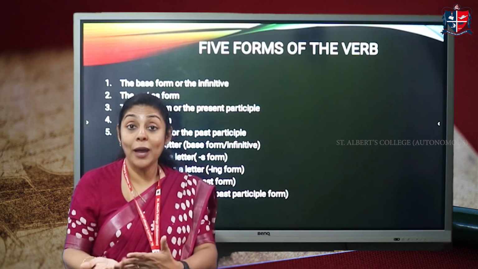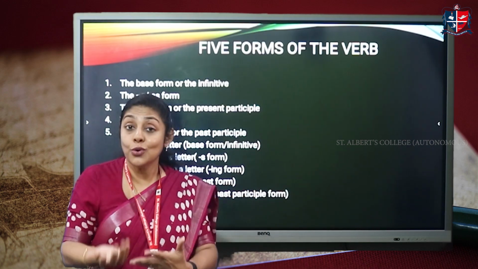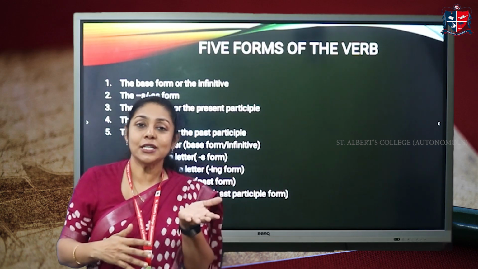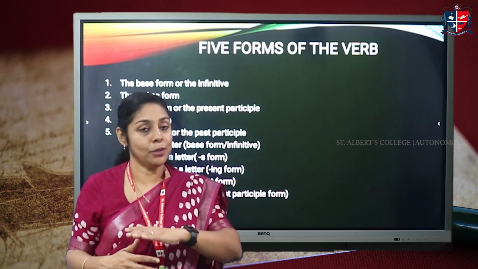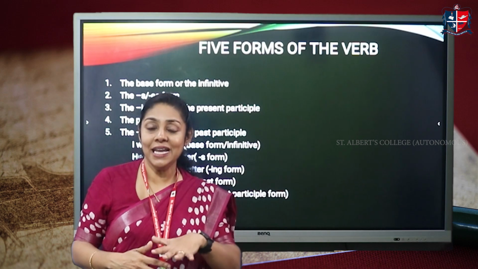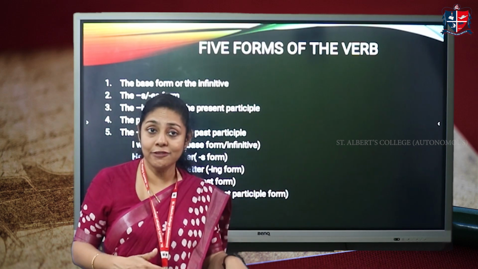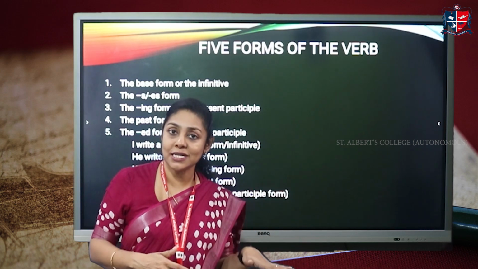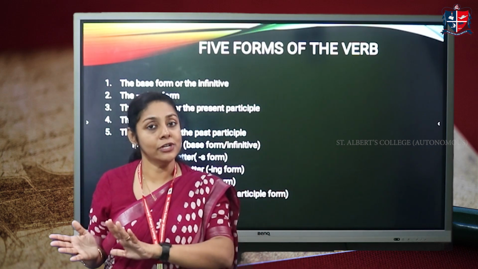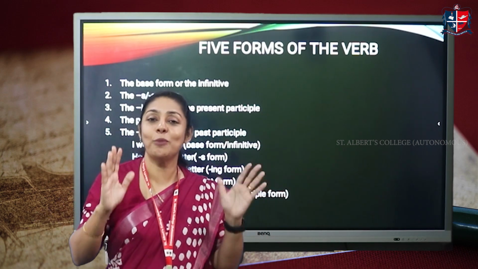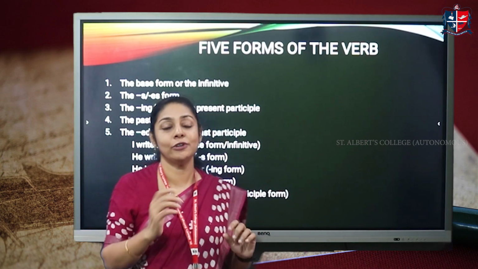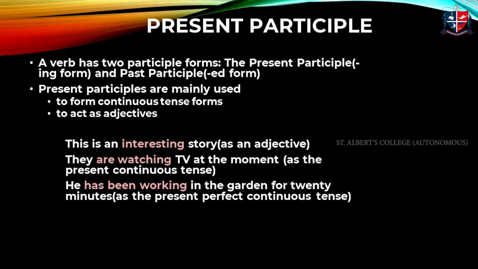Swim, swam, drive, drove, etc. Whereas for certain verbs like jump, jumped, play, played, study, studied. So for certain verbs, we have the ed form for past tense and past participle, whereas for certain other verbs, we have a different form altogether for the past tense and also for the past participle. So those are the five forms of the verb.